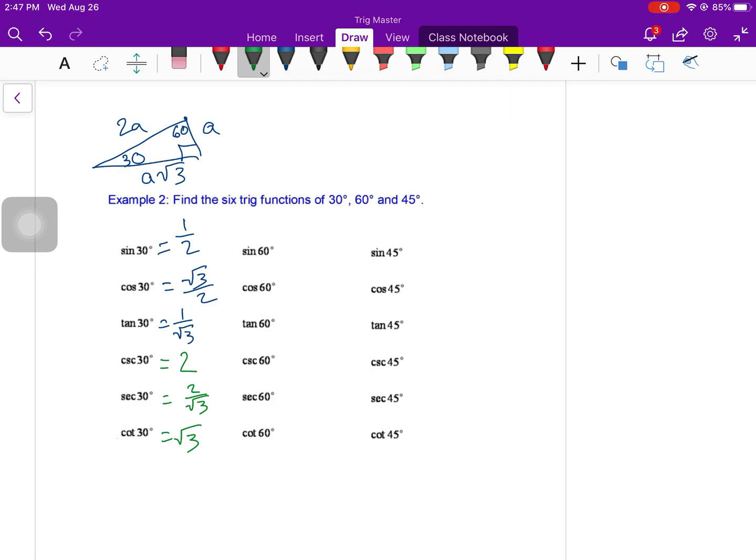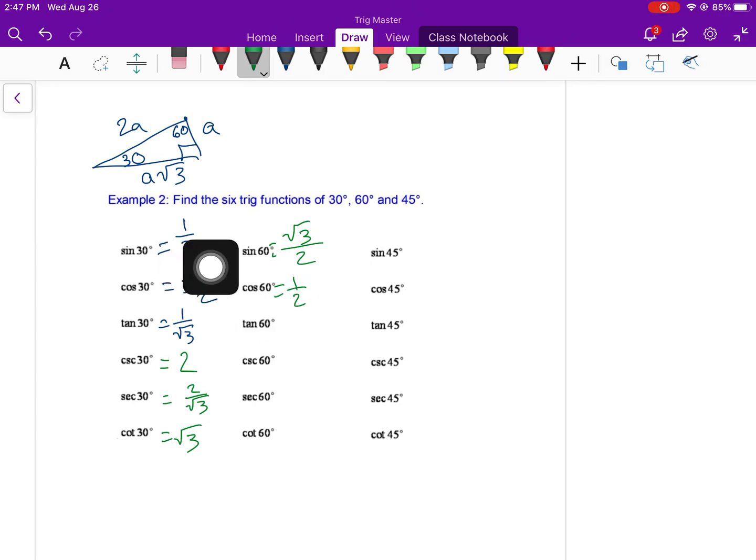Now to do sine of 60, I just go from that other angle. I'm going to go opposite over hypotenuse, and simplify, canceling out those a's, I've got square root of 3 over 2. Same thing with cosine of 60. I'll go adjacent over hypotenuse and simplify to get 1/2.